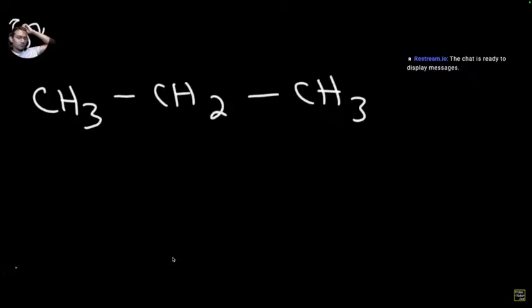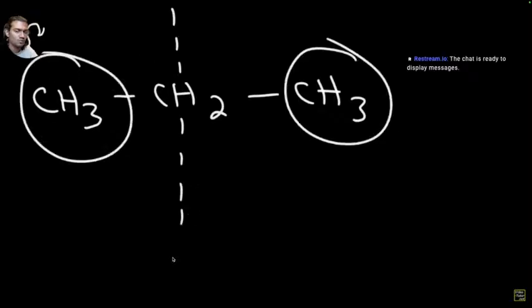Now, let's try another example. Let's say we have a molecule of propane. How many different signals would you expect from an H-NMR spectrum of this molecule? What I like to do is draw a line of symmetry. Notice that the left side looks like the right side.